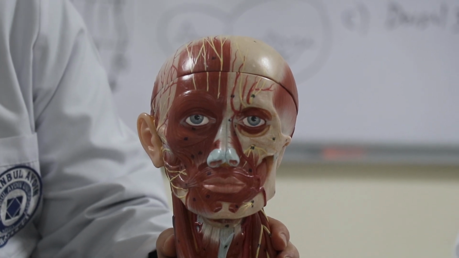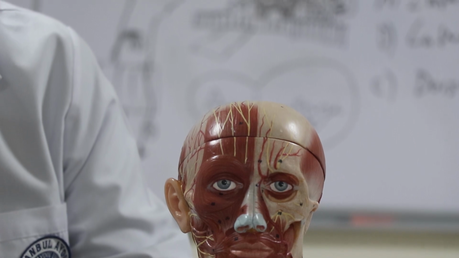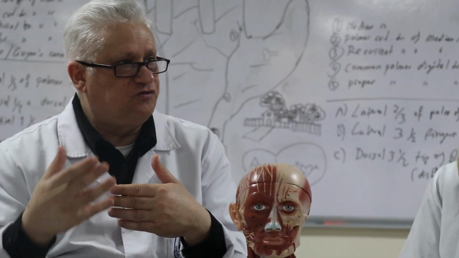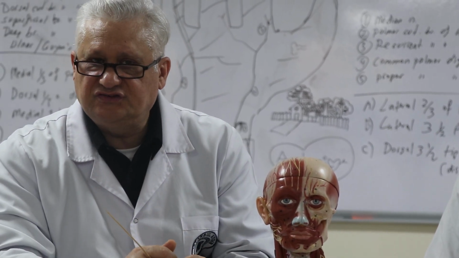The tears would flow down on the cheek. Why? Because these muscles would not push or compress the canals, so the tears won't go through towards the exit. They would overflow and flow on the cheeks.